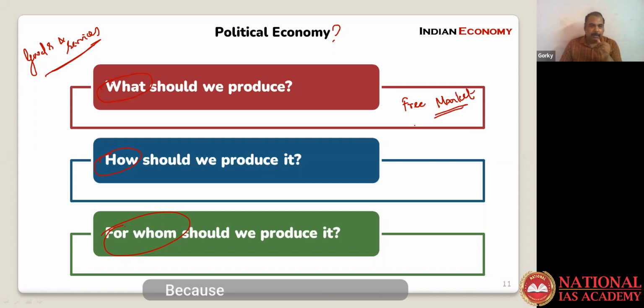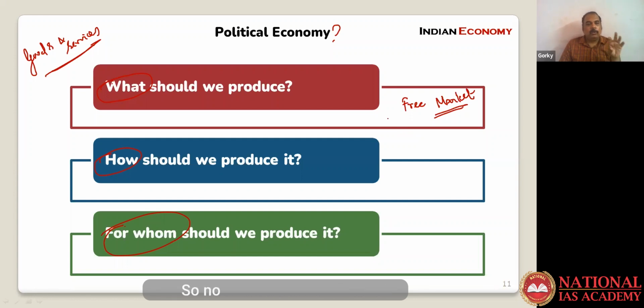What is that? Because you are free to produce whatever goods or services. You are free to produce in the method you like. You are free to produce goods to sell to any person whom you wish. Right?